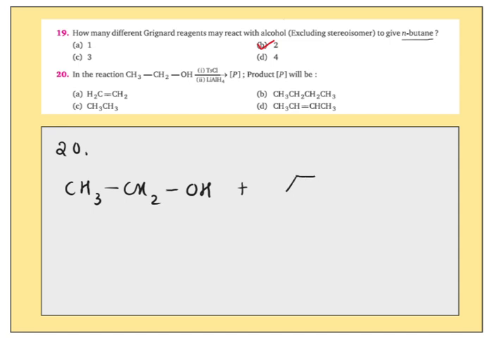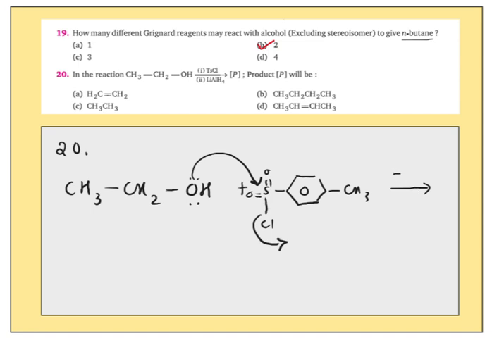You can write it either vertical or horizontal, it doesn't matter. You should get the product properly. Now we know that oxygen has a lone pair of electrons, therefore it will attack the sulfur and chlorine will leave the molecule. This H and this Cl will leave, and we write that here as minus HCl.